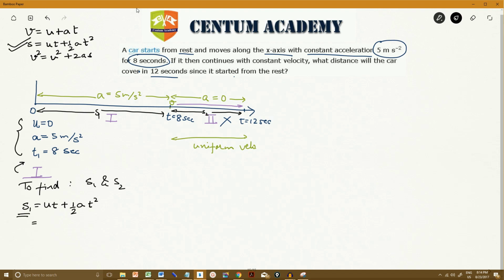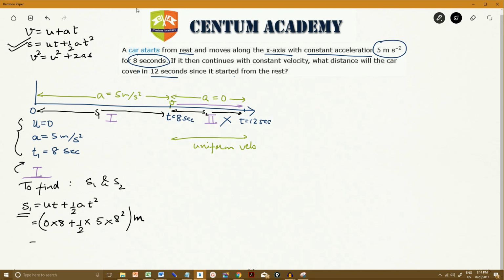So let's find out. u was 0, t was 8, plus half into a was 5 and again t was 8 square, and obviously this will be in meters. Everything is in meters, or meter per second, or meter per second square, so this will be in meters.